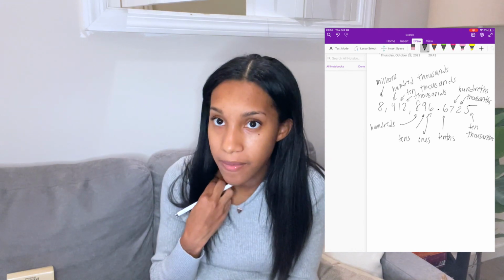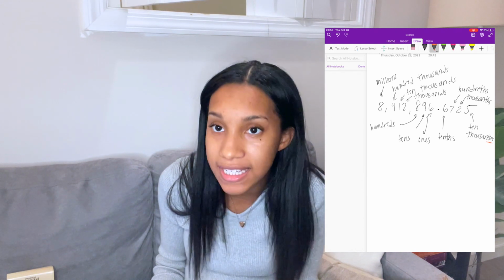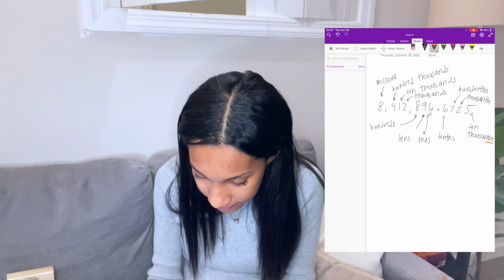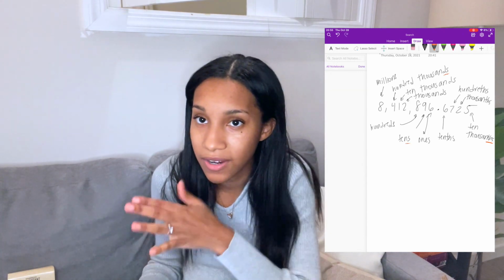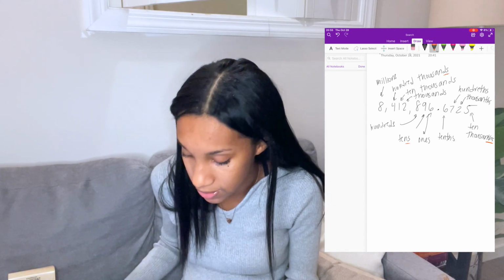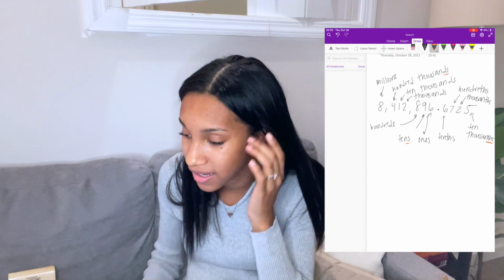One thing to know about number places: if your ending is THS, you're talking about the decimal. If it ends in DS or S, that's talking about your whole number places. So definitely remember the difference between hundredths and hundreds.